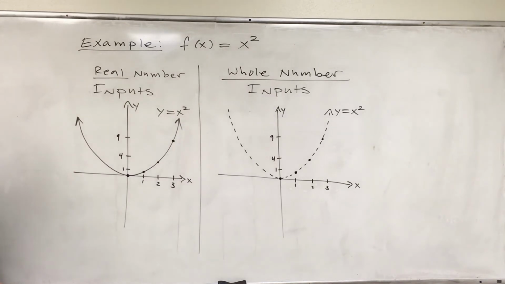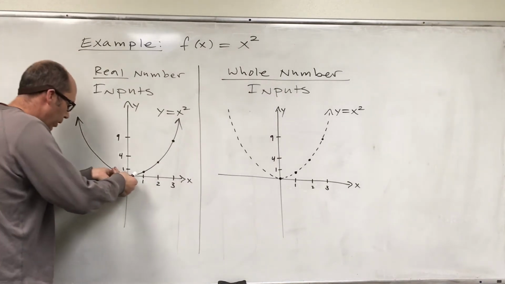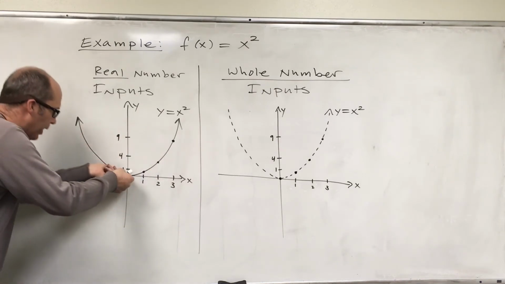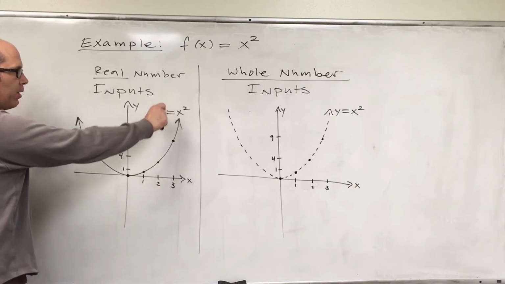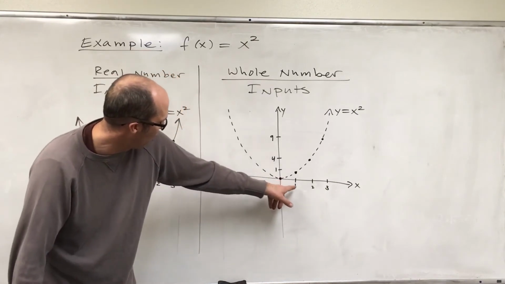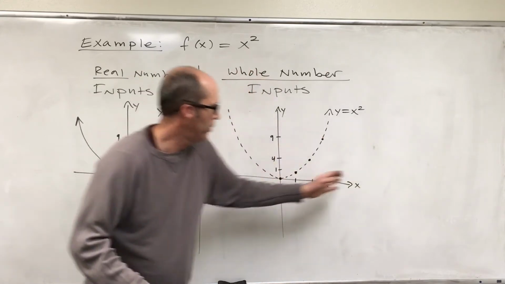Okay. Now because we can put all real numbers in, everything on this x-axis is acceptable to put into this graph. So we get a continuous line as our graph. But with only whole number inputs, the only things we can input are 0, 1, 2, 3, 4, 5, 6, 7, on. Keep going like that.